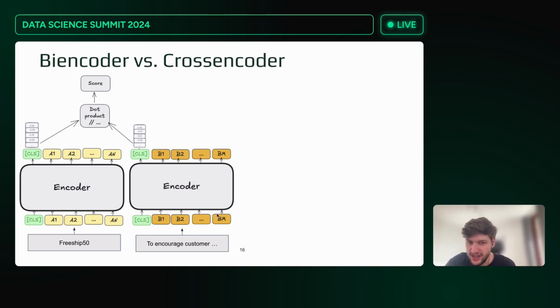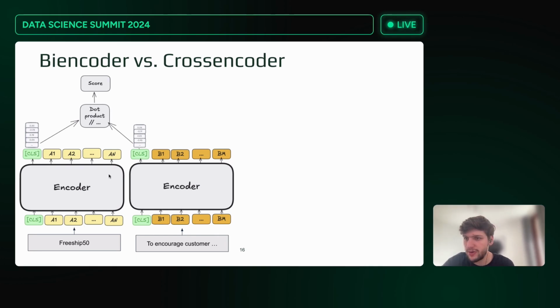And then we do the exact same thing for our content, right? We tokenize it, we run it through the encoder, can be a different encoder, can be the same encoder. And we also get our hidden state here from the classification token. And then we do the dot product, as I mentioned before, and then we run the score, right? So the advantage of this is that obviously we can pre-compute all of these hidden states for all of the content.